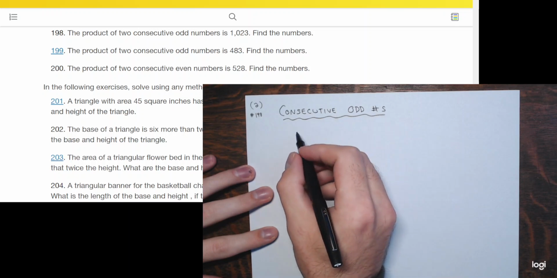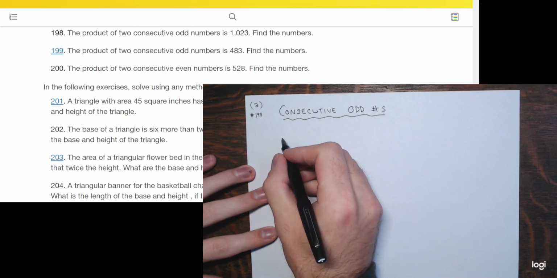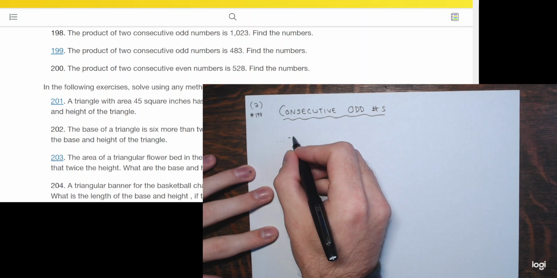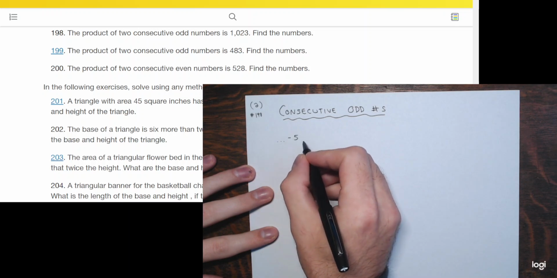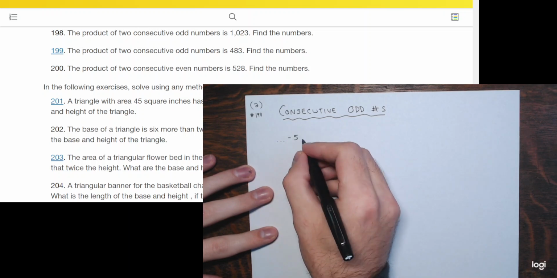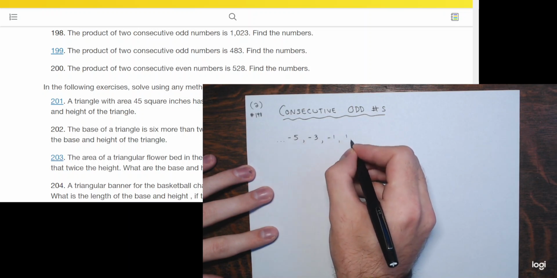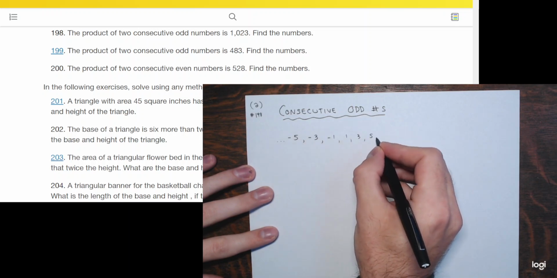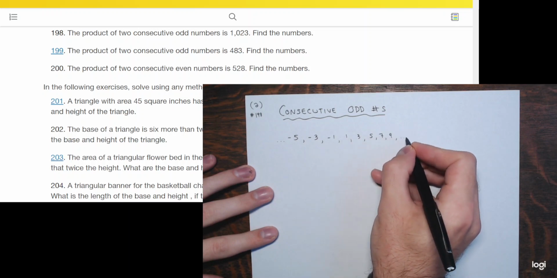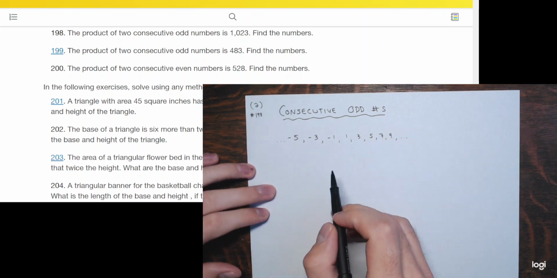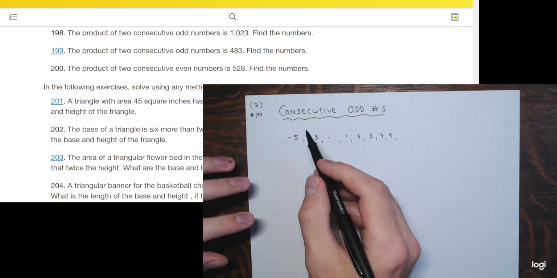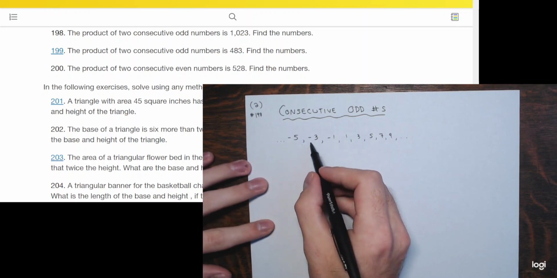They mean the following. The odd numbers are these. Negative 5. Basically, any number that's one more than a multiple of 2. Negative 3, negative 1, 1, 3, 5, 7, 9, and so on. These are all odd numbers, and consecutive odd numbers are just one right after the other.